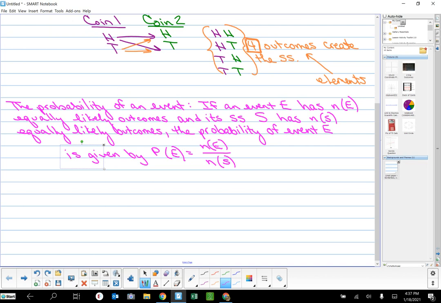All right, so here is how we are going to actually use this. What is the probability of drawing an ace from a standard deck of cards?